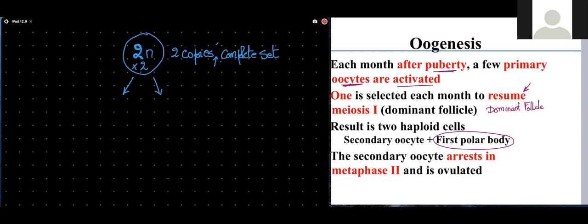One complete set. So in meiosis 1, what am I doing? I won't be separating the two copies from one another. Instead, I will be splitting this complete set into two half sets.